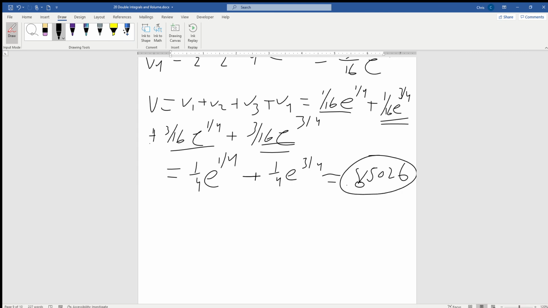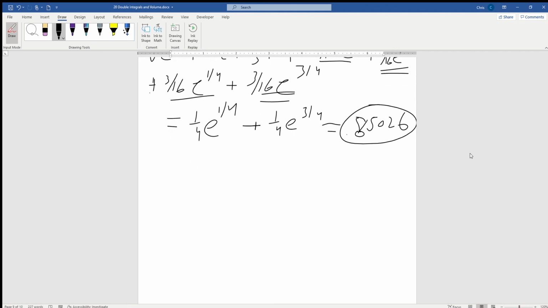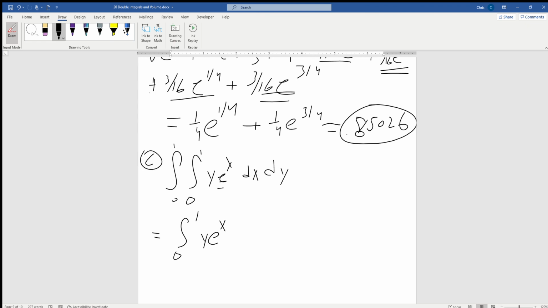the best way to determine how good this approximation is, is just by going through and getting the analytic solution, which is actually going to be pretty easy for us. Right? So remember the original double integral, 0 to 1, 0 to 1, y e to the x, dx dy. That's the same as integral 0 to 1 of y e to the x, so antiderivative of e to the x is e to the x, from 0 to 1 dy.